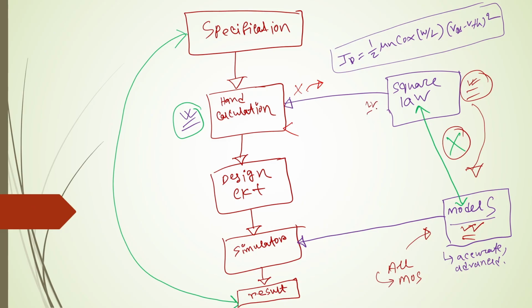But whenever we calculate, we avoid those effects that come from our model libraries. So the model libraries and the square law hand calculation do not match. For this reason, the specification and the result do not match.